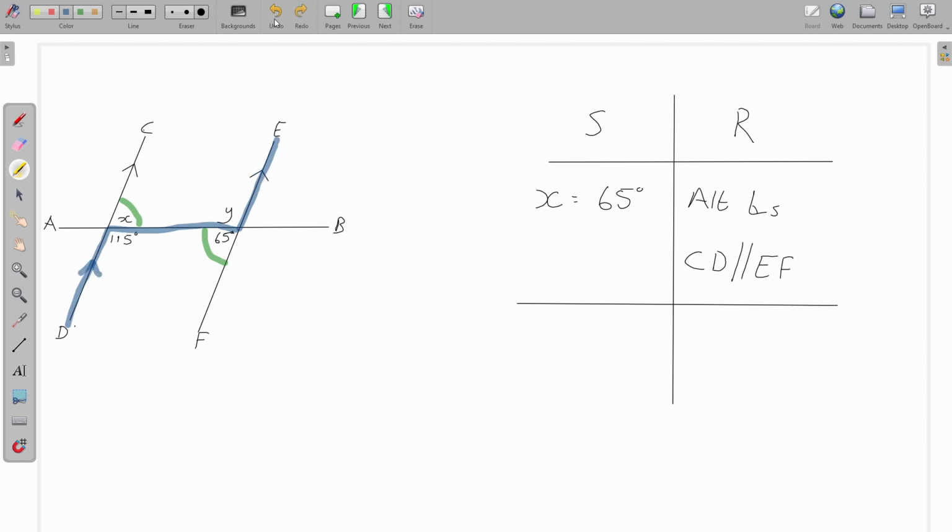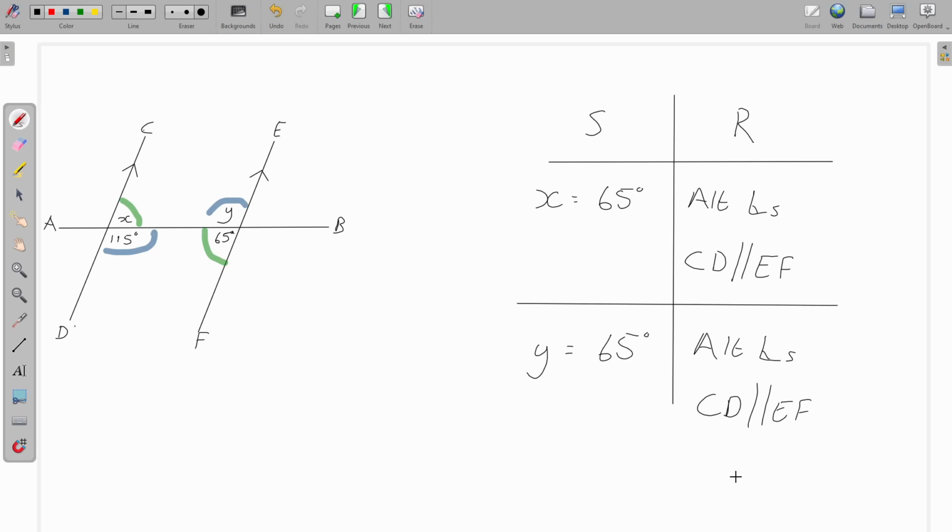Yes, they are, which means Y and 115 are alternate angles. So my statement would be Y is equal to 65 degrees. My reason for that, alternate angles, and I need the parallel lines that I used. So it was the same set of parallel lines, CD parallel to EF.